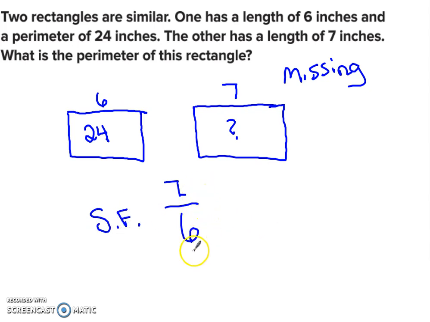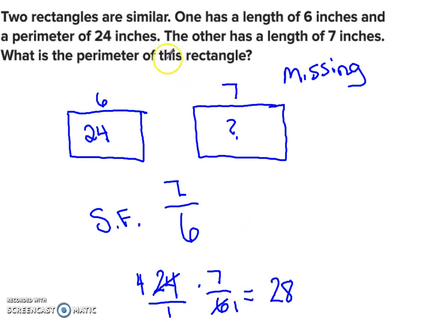This can't be reduced down. Then I'm going to find the perimeter by taking 24 and multiplying it by my 7 over 6. Remember, when multiplying, I can factor out on top and bottom. 6 and 24 can both be divided by 6. This becomes 4. And then I only have 4 times 7, which is 28. And not forgetting, this would be inches.